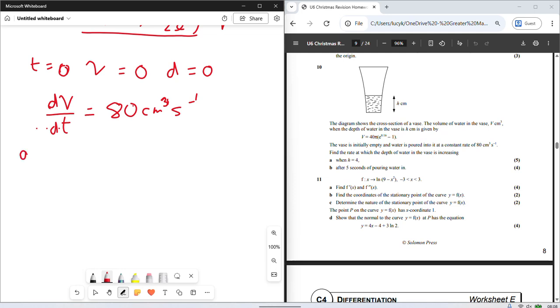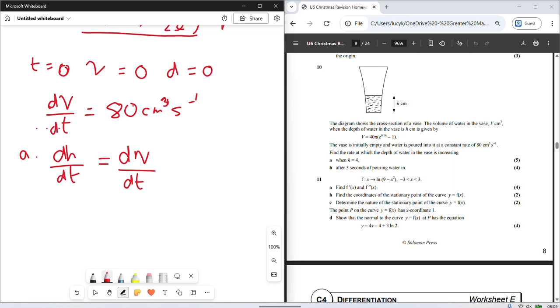So let's have a look at part A. I know dV by dt. If I want the rate at which the depth of the water is changing, I am trying to find dH by dt. This is where I can use the chain rule to form dH by dt.